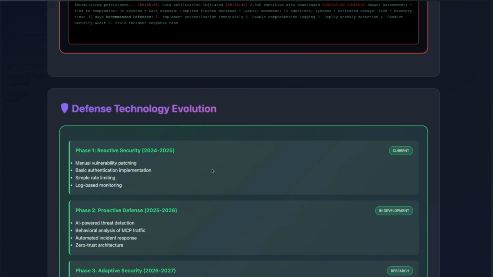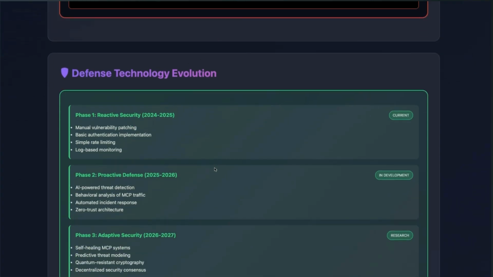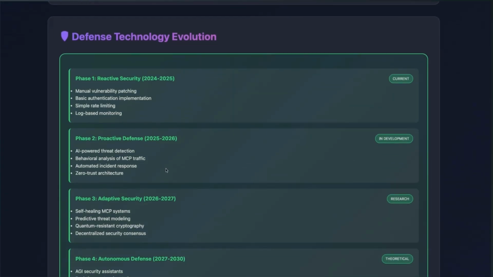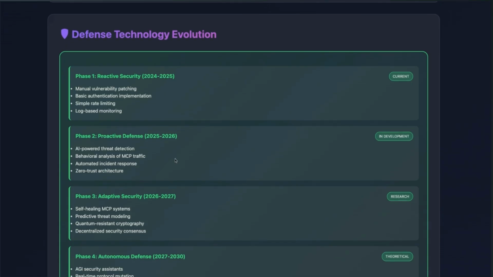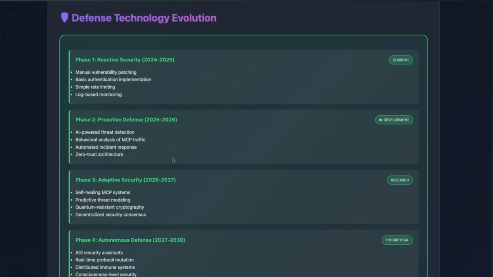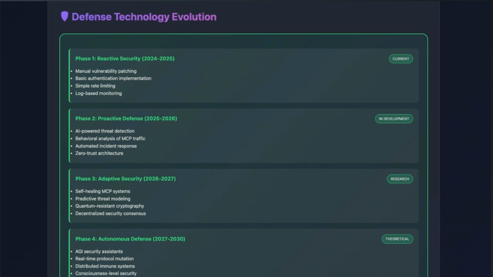And defensive technology, this is also something that I was looking for. Reactive security, yeah, reactive security is already in place, based on logs or something like that. You will always have the reactive. And proactive, this is where, automatically based on the attacks detected, you deploy honeypots or isolate the network, or based on behavior of MCP traffic, restrict access for some user. That would be a nice thing.